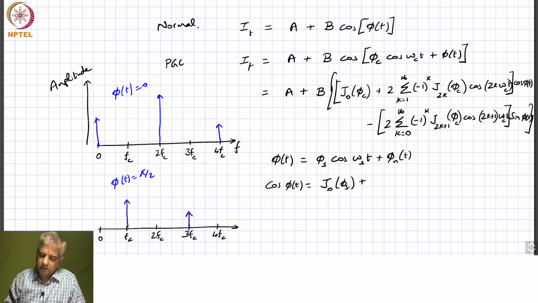Similarly, you will get a DC term, and then you will have all the even Bessel components.